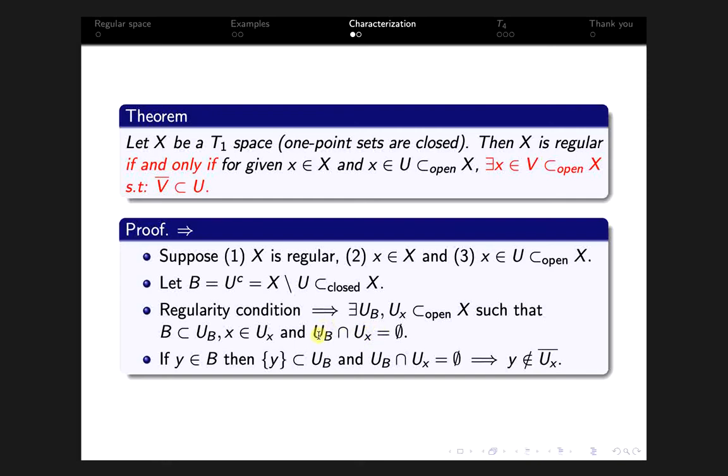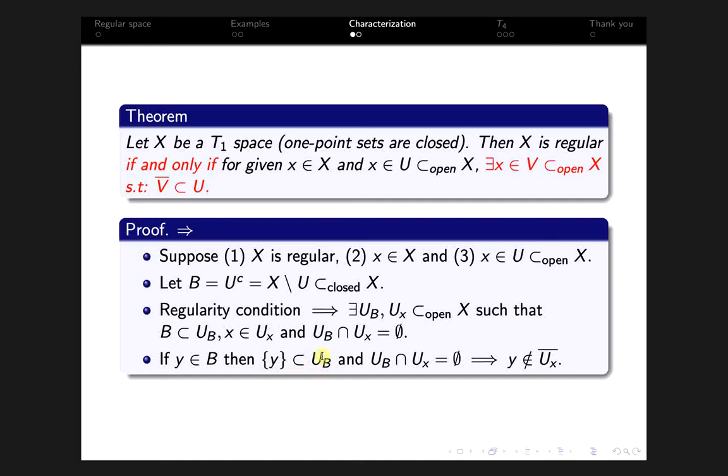Okay, and from this condition we have UX closure is disjoint from B. Why? Because if y is a point in B, then the singleton set {y} is contained in B, and B is a subset of UB.